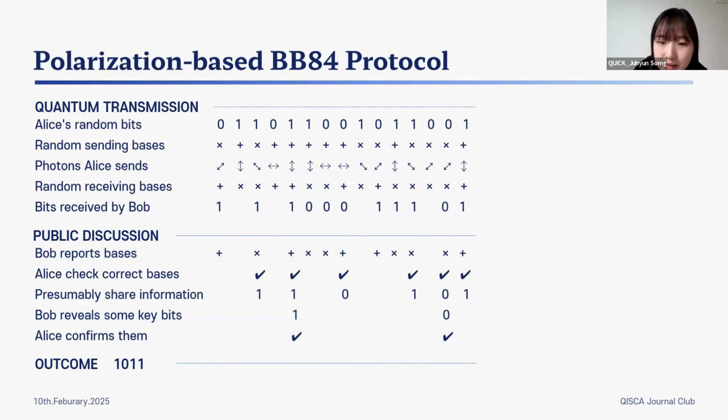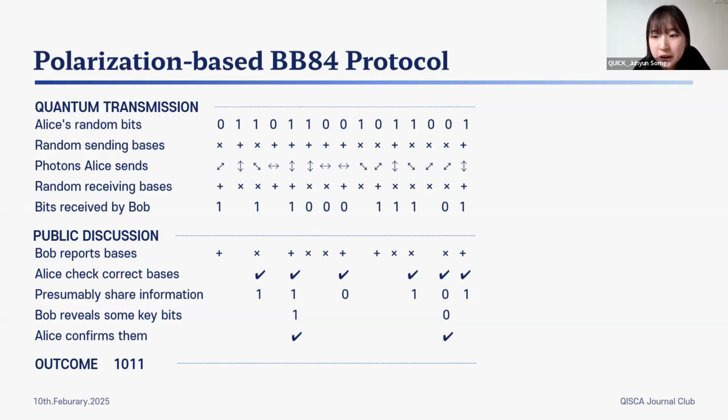So yeah, let's take a look at when Eve might be interfering. After transmitting their information of bases and discarding ones, to check for potential eavesdropping, Bob randomly reveals some of the key bits, and Alice verifies that they match her own.